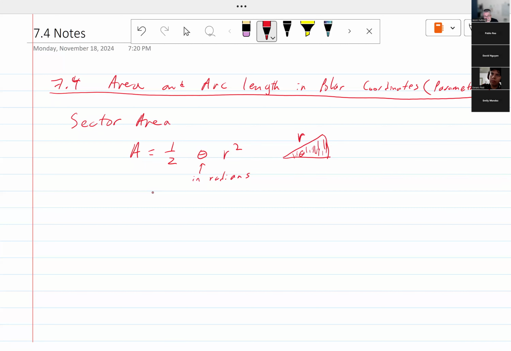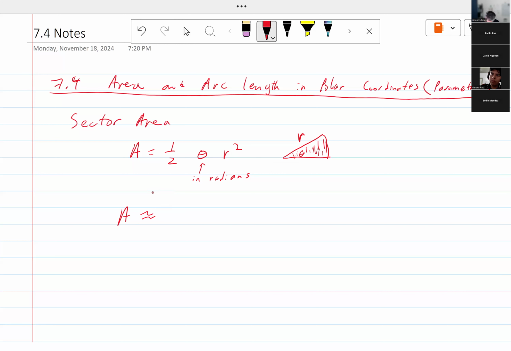That's the area of a piece of a circle. So the area of a curve in polar coordinates is very similar. It is approximately the sum of all these cheese wedges.